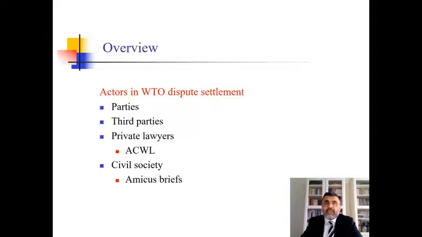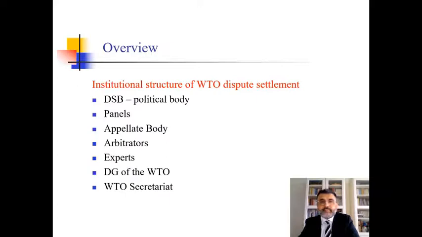And in those cases, certain NGOs dealing with environmental issues submitted their views to the panel or the appellate body. And the current status quo in this regard in WTO dispute settlement is that panels or the appellate body may accept such submissions from these NGOs, from the civil society, but they are not required to take these submissions into account in making their decisions.